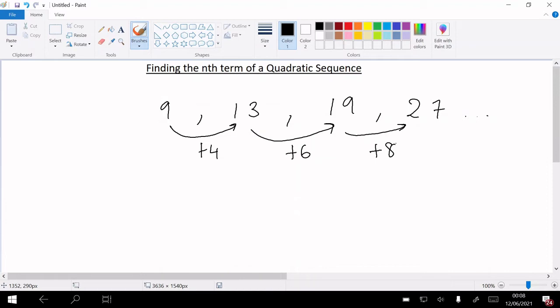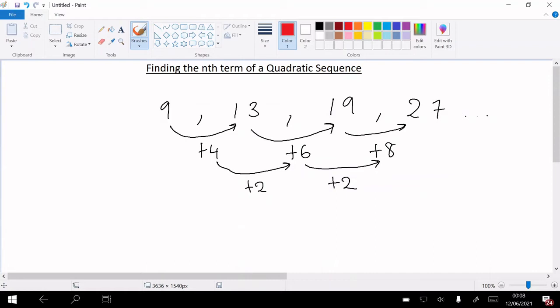Now you have to figure out the second difference: from 4 to 6, that is plus 2. From 6 to 8, that is plus 2. So that's pretty much it. These are the first two steps: finding the first difference, then finding the second difference.